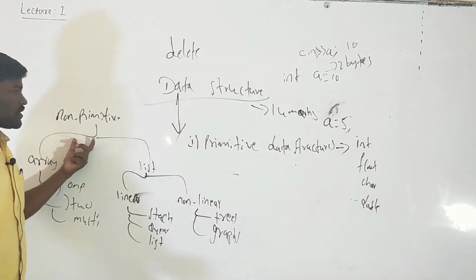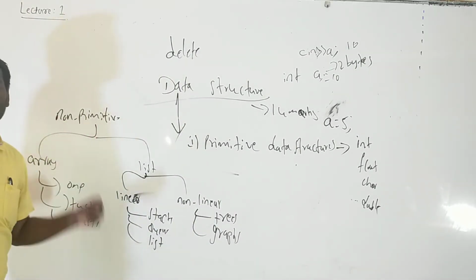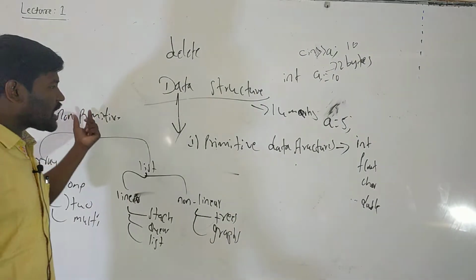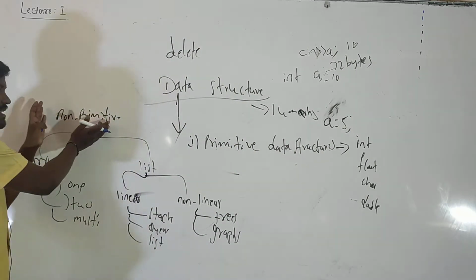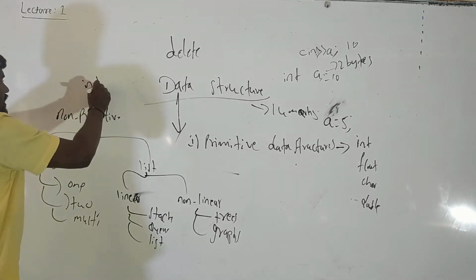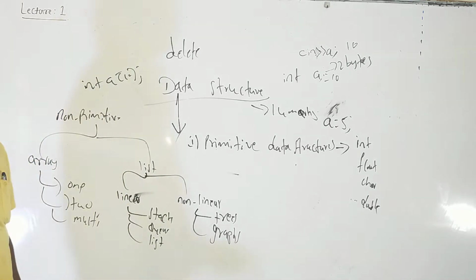In the same way, non-primitive data structures are nothing but these are derived from the primitive data structures. For example, the examples for non-primitives are arrays and list. Here array means int a of 10. Here int is a primitive.